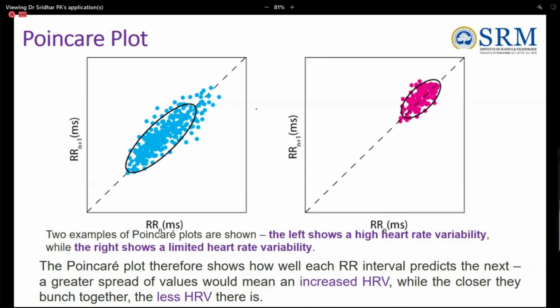A greater spread shows that there is an increase in HRV, because the difference between these two values is changing. If there is not much change between these two intervals, a closer spread, there is less HRV. With this, you can understand the process in terms of limited or higher heart rate variability, and how we can relate it to the condition.